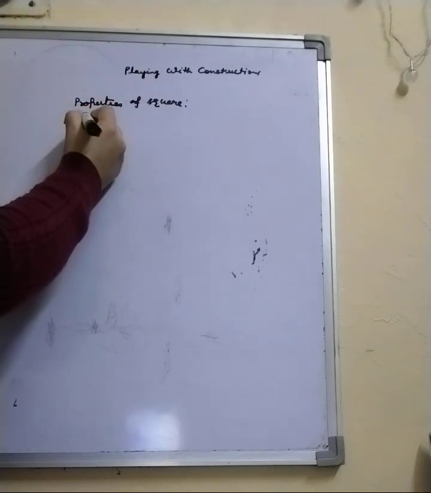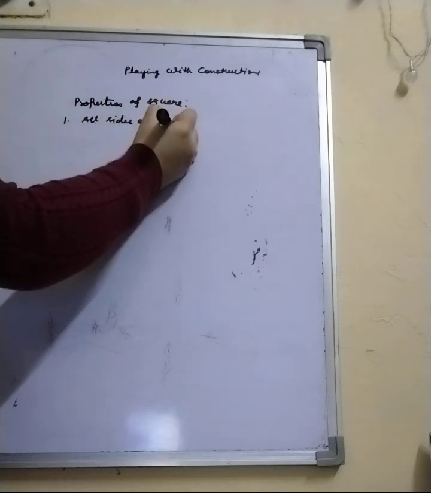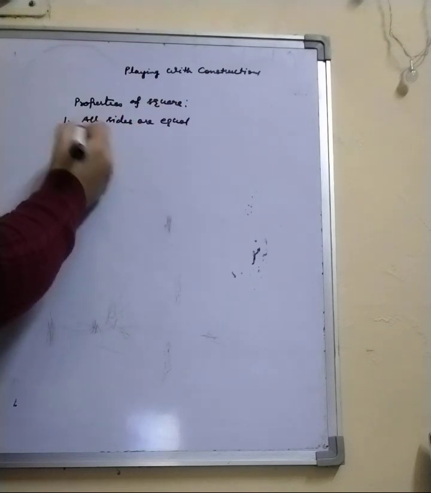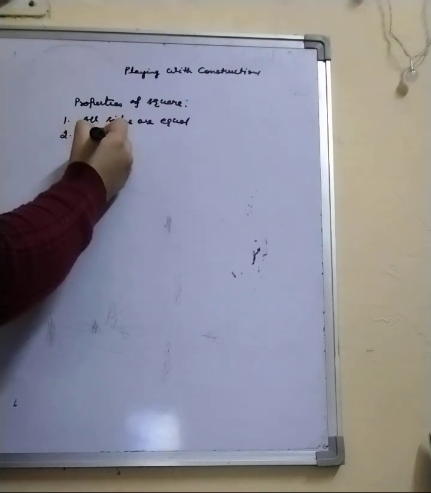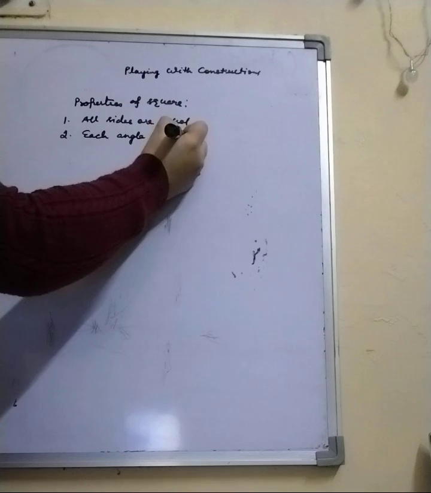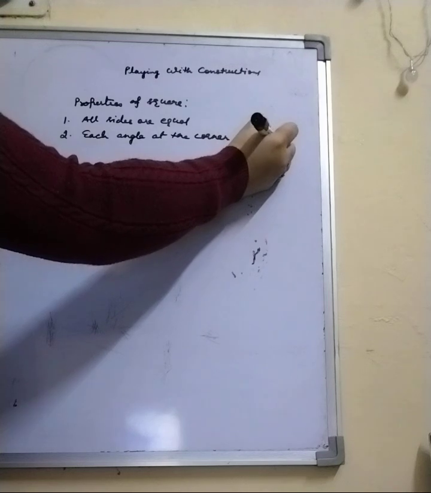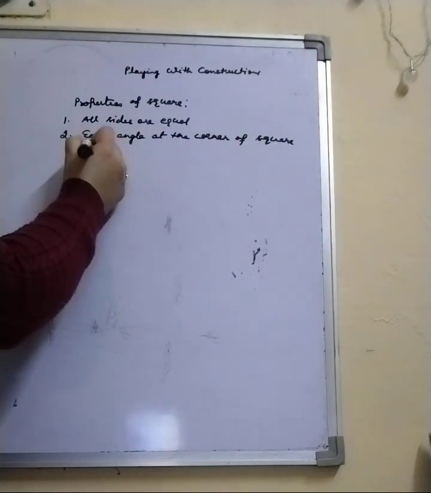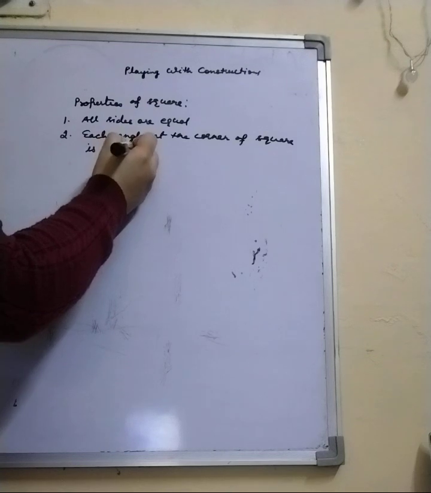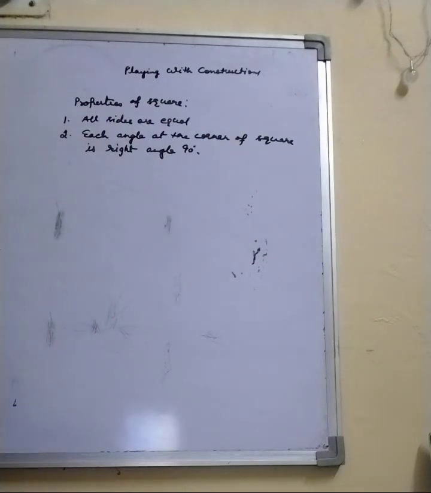Hope you remember all sides are equal, and each angle at the corner of a square is a right angle or 90 degrees. So this is what we learned yesterday. Now similarly, we also learned the naming of the square.